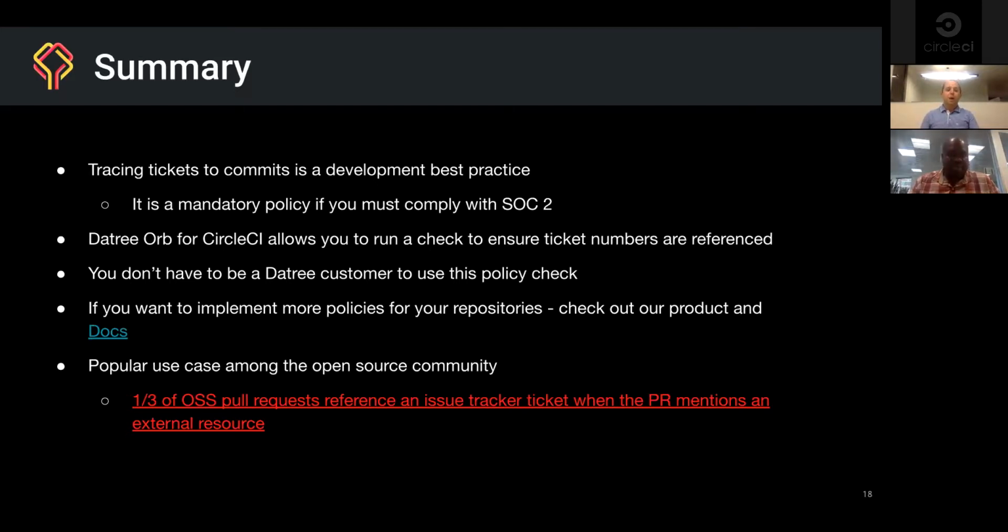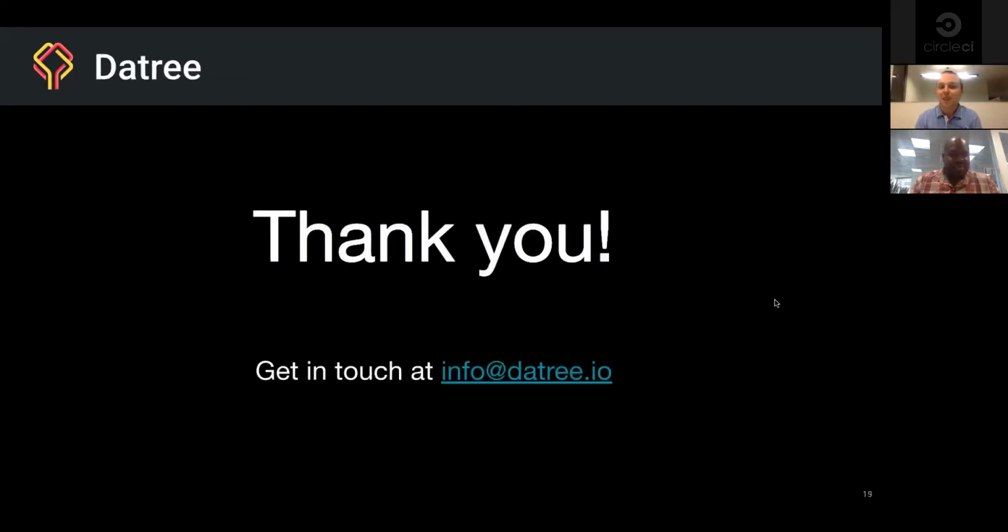And finally, open source projects are also very keen on using this convention, and there's a link here to see that 1/3 of all open source issues created actually reference ticket numbers, because it is nearly impossible to manage software projects if you don't have the relationship between the two of them. So this is basically how our orb works.